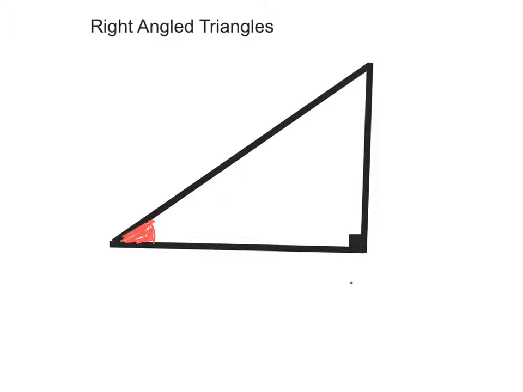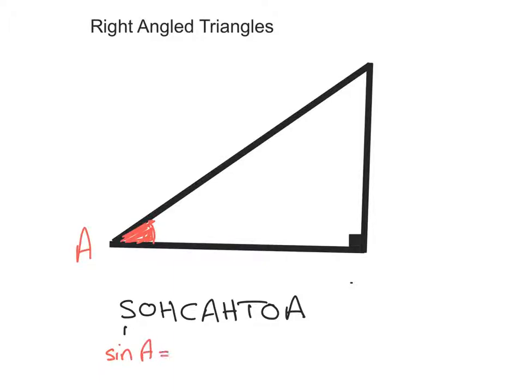and we look at the ratio of sides, we end up with what we know is called SOHCAHTOA. And each of these letters means something. So S means sine. So the sine of angle A will equal the opposite over the hypotenuse. So the opposite length divided by the hypotenuse.